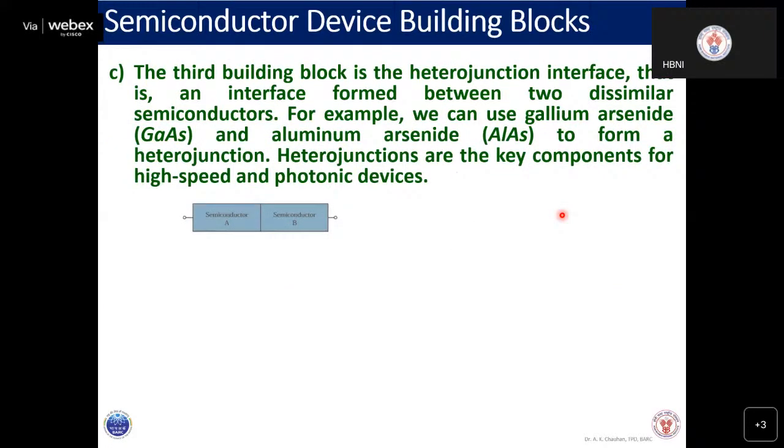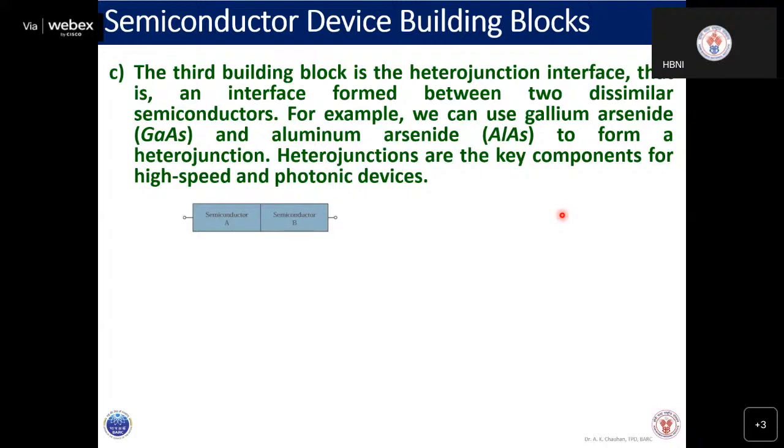Then the third building block is a heterojunction, where the interface is found between two dissimilar semiconductors. For example, gallium arsenide and aluminum arsenide can be joined together, and they have different band gaps, so this creates a heterojunction.